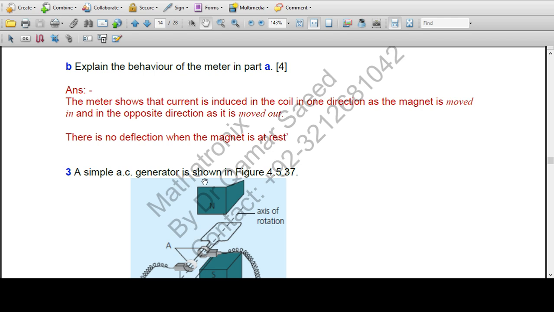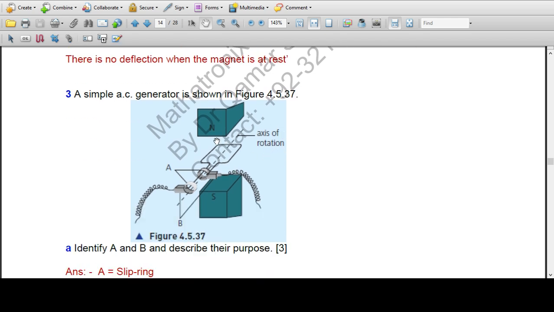A simple AC generator is shown in the figure. This is the magnet, coil, slip rings with carbon brushes, and this is the terminal. Here A is the slip rings where the carbon brushes reside, and the output is taken out from here.